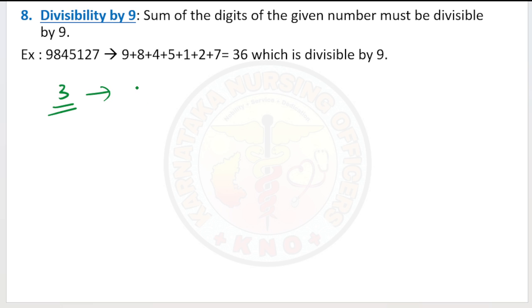We have to add the digits of a given number and divide the sum by 3. So the same rule must be followed for the divisibility by 9. That is, the sum of the digits of the given number must be divisible by 9.